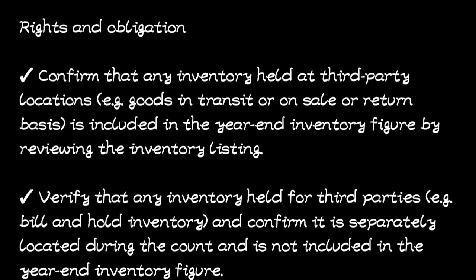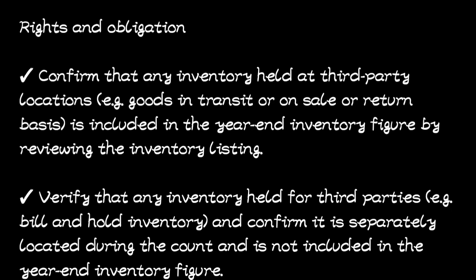Then another assertion is rights and obligations. How can you confirm that the entity has a right to the inventory that is recorded in the books? So first is confirm that any inventory held at a third party location is included in the year-end inventory figure by reviewing the inventory listing.